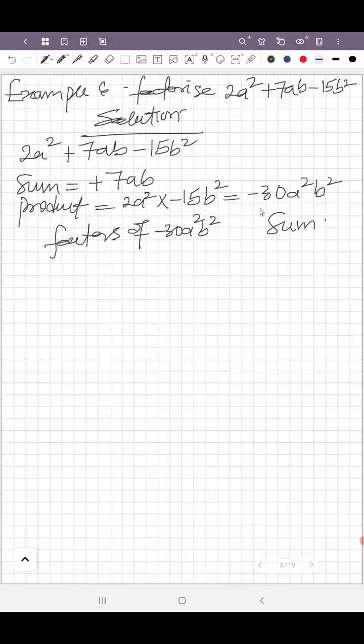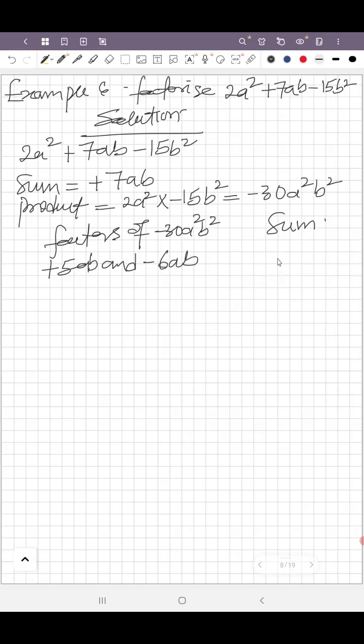Now, let's have a factor of plus 5ab and minus 6ab to give us minus 30. What is the sum?